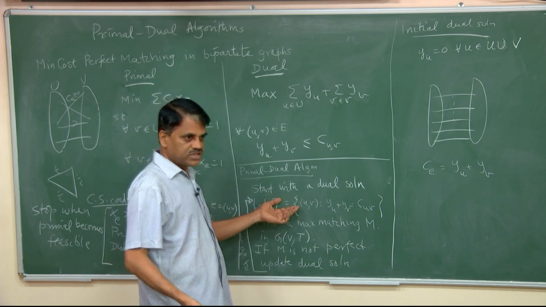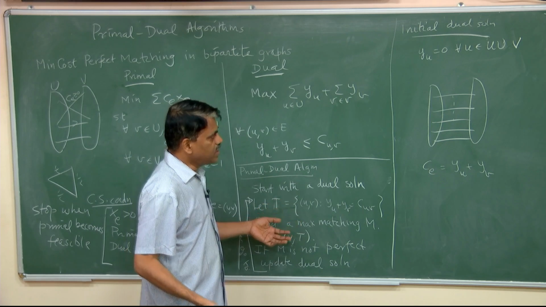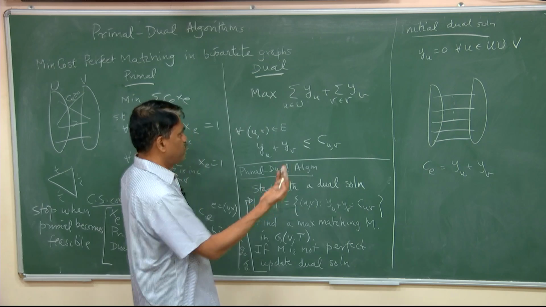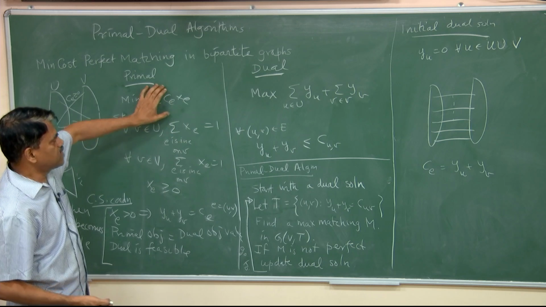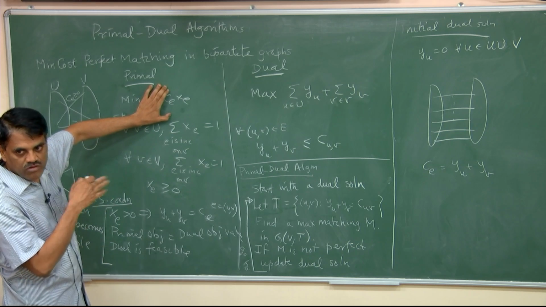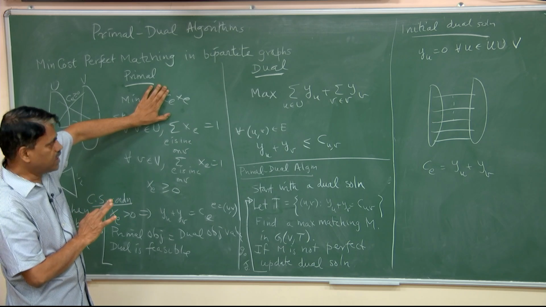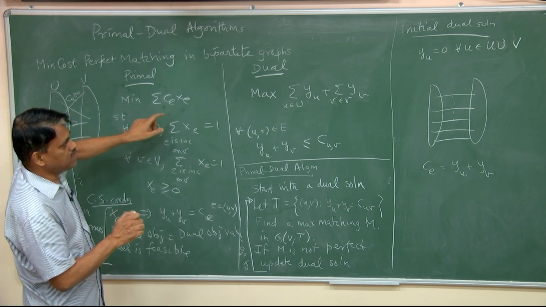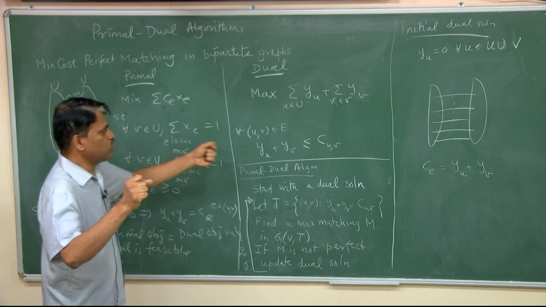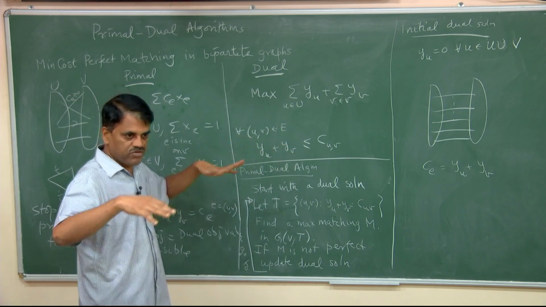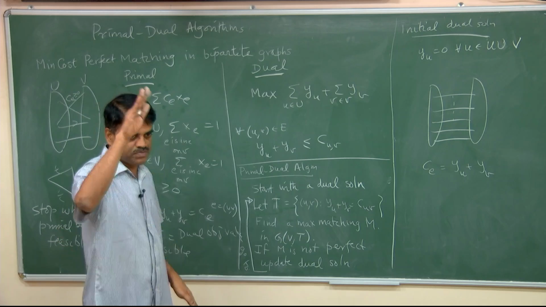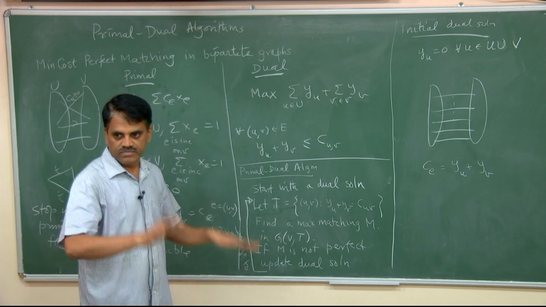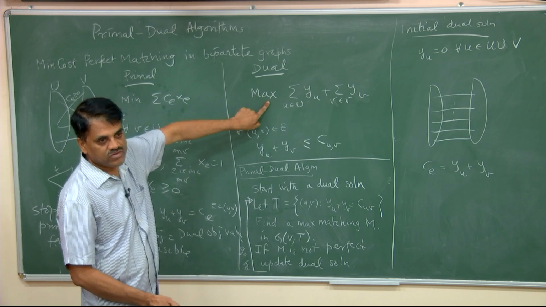If I have such a perfect matching, then I claim that the objective functions are the same. Why? Because the objective function is the summation of c_e over all edges of the matching. For every edge in the matching, c_e is exactly equal to y_u plus y_v, and it is a perfect matching. So the summation of c_e is exactly the sum of the y's, and that's what the dual objective function is.